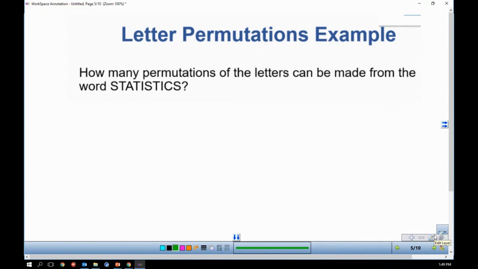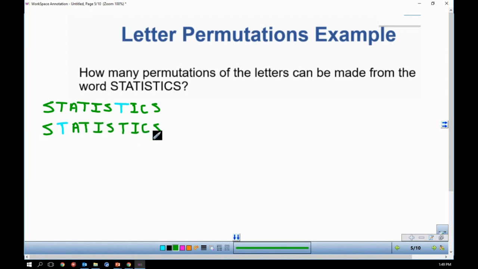Well, just to set the stage here, if I wrote out statistics like this, are those different?